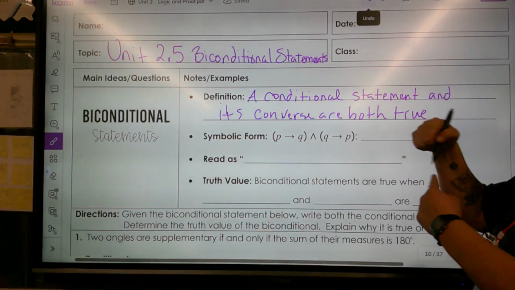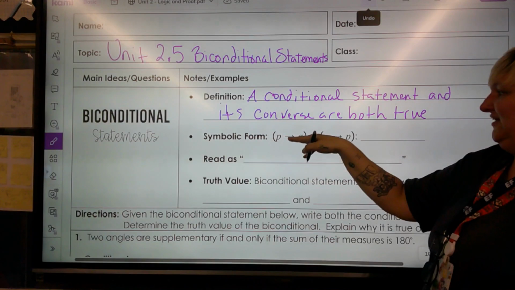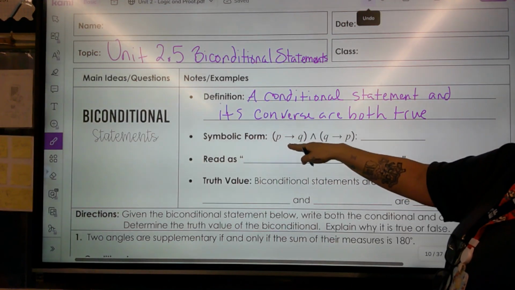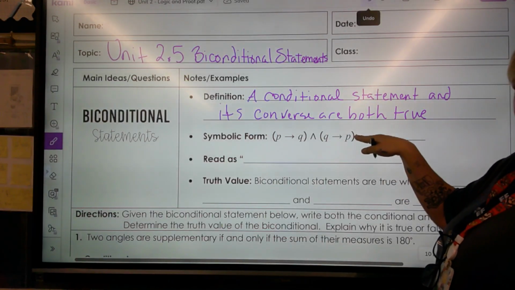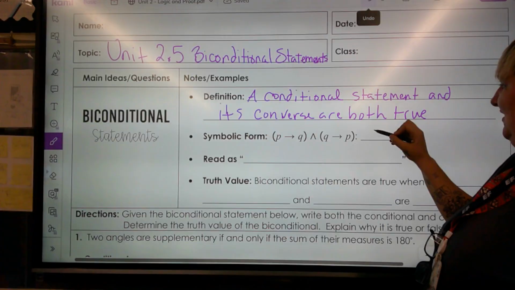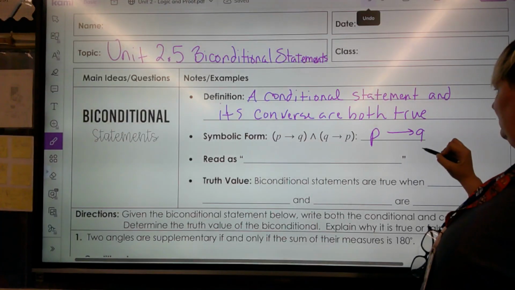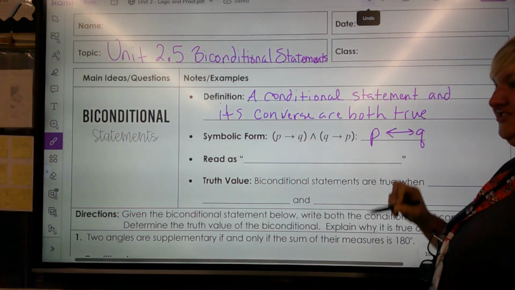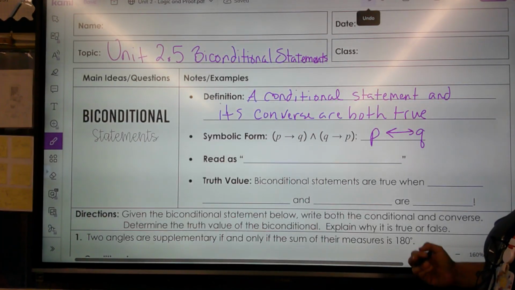It's true in both directions. Symbolically, this is represented as: if P then Q, and if Q then P. It can be written as P to Q with an arrow in both directions. It goes back and forth. They both have to be true.